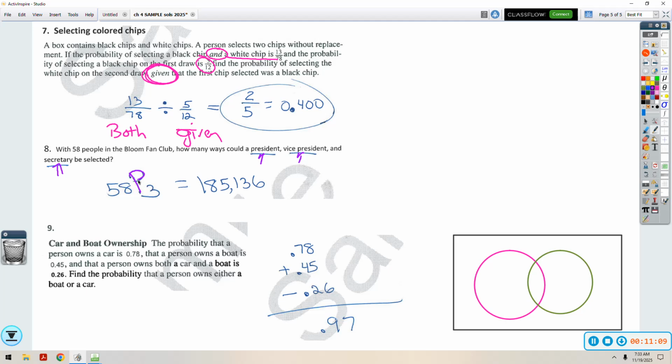If it simply read 58 people in the Bloom Fan Club, how many ways could I choose 3 people to bring in snacks tomorrow? Then it wouldn't matter which order I picked you in. In that case, they would be combinations. Okay? You have to just ask yourself, is the order mattering?